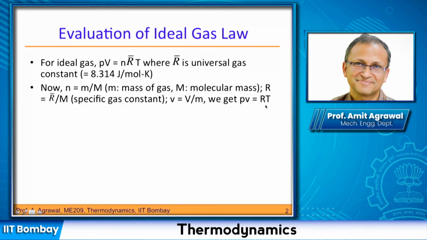Now V has become small v, and R has gone from R bar to just R. R bar was the universal gas constant. Now we have gone back to essentially the specific gas constant.